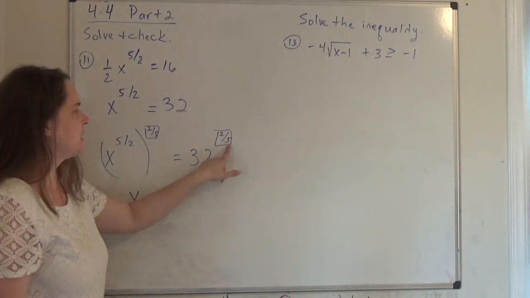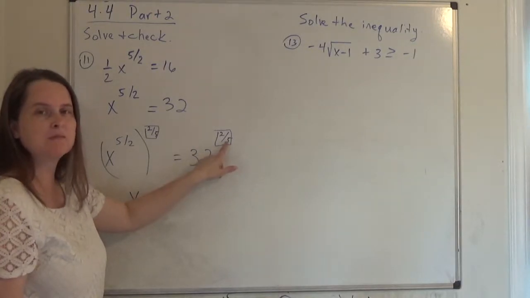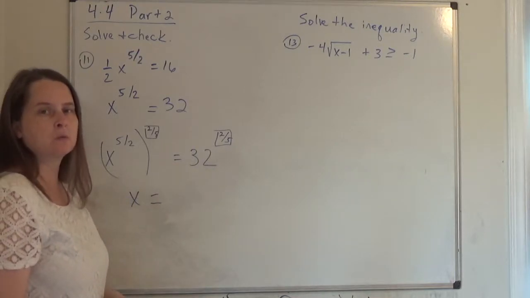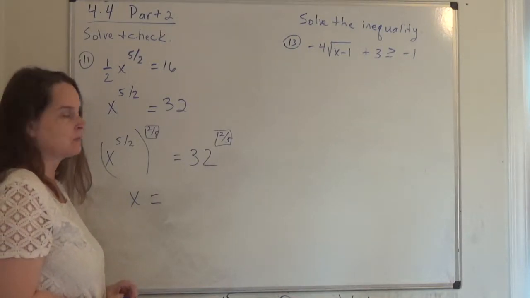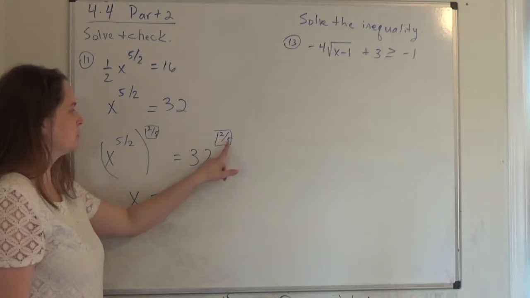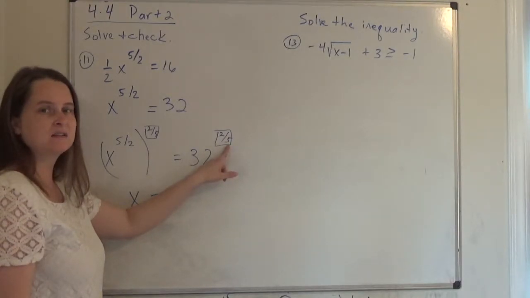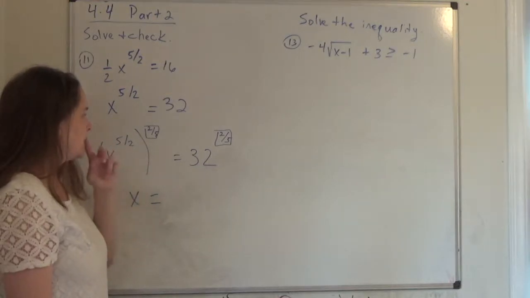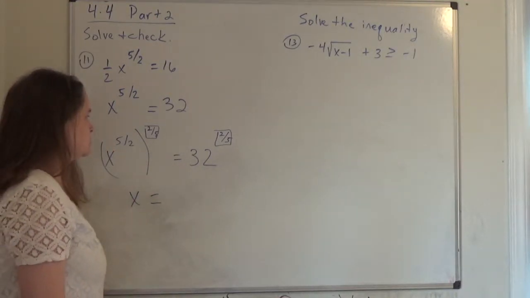Because this denominator is a 5, that means I'm doing a 5th root. And with that being an odd root, I don't have to worry about the plus or minus. So because this is the 5th root, and that's an odd index, I don't have to worry about plus or minus in this one. So now we just need to simplify 32 to the 2/5 power.